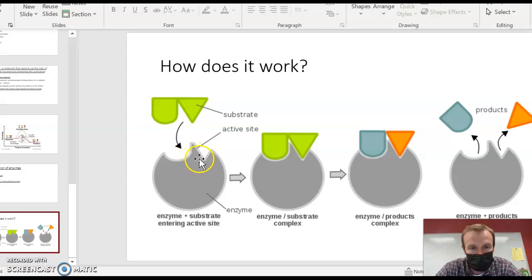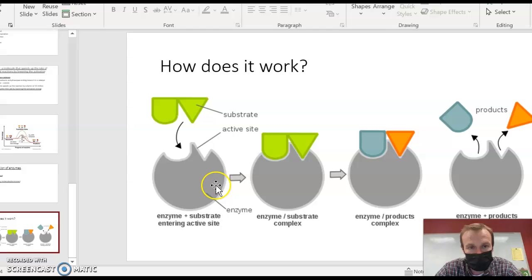And so it's called the lock and key model because the chemicals that the enzyme is going to act on, they match up with the enzyme. So we have a very specific enzyme for a very specific chemical process. And so the substrate, the chemicals involved in the reaction, or the reactants, they come in here to something called the active site. And they fit in like a lock and a key.